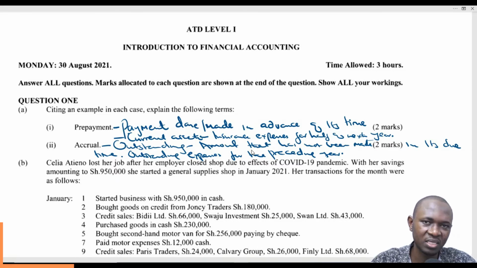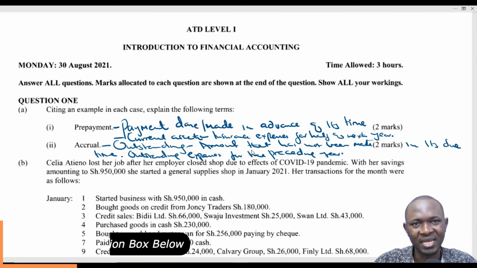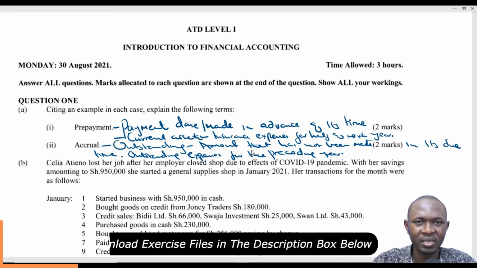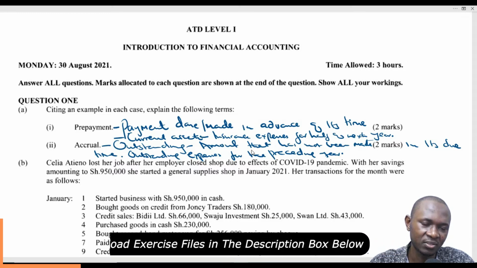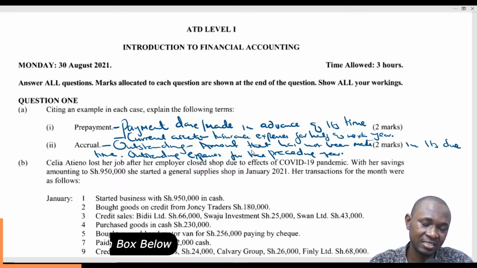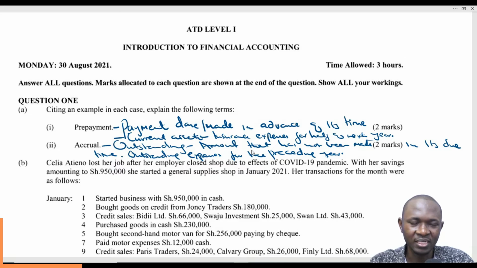It can be an accrued expense. It can also be an accrued income. It can be either way, but the bottom line is that an accrual is something that is outstanding. It has not been paid in its due time, and so it has gone over to the next financial period. If it's an outstanding expense that has not been met in its due time, we call that an accrued expense.